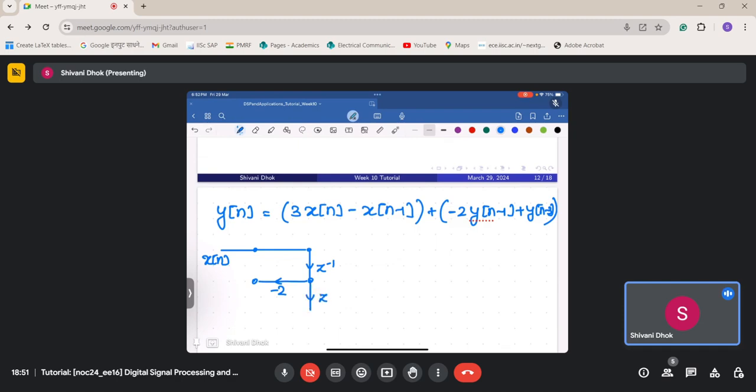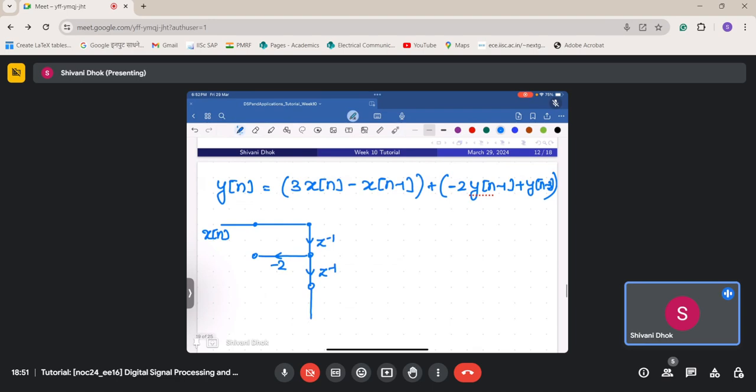Then a z inverse is here. Now if you observe, this is y[n minus 3], so there is nothing getting multiplied here, so this will remain as it is. Then to get y[n minus 3], I'll have z inverse, and this gets multiplied by a gain of 1, and this gets added with this, and we have this thing here.